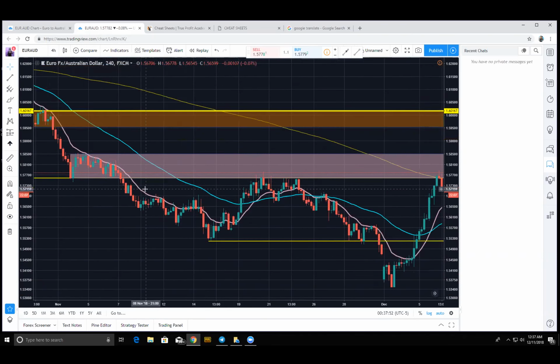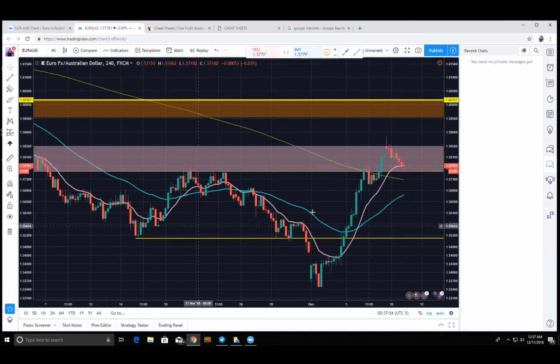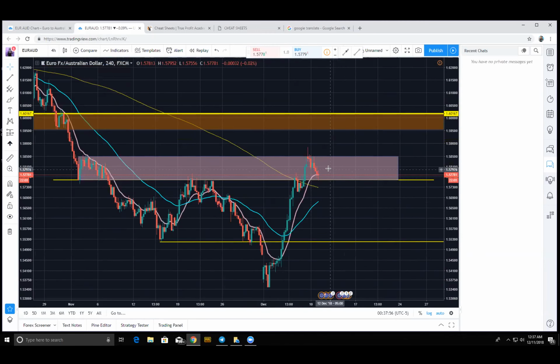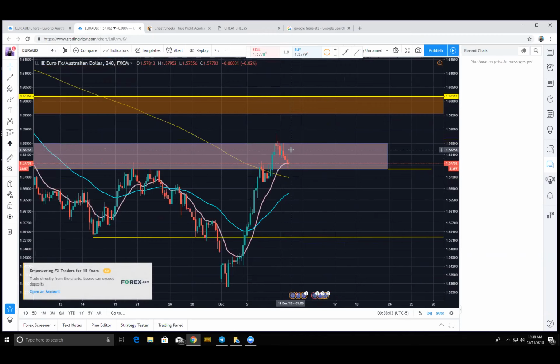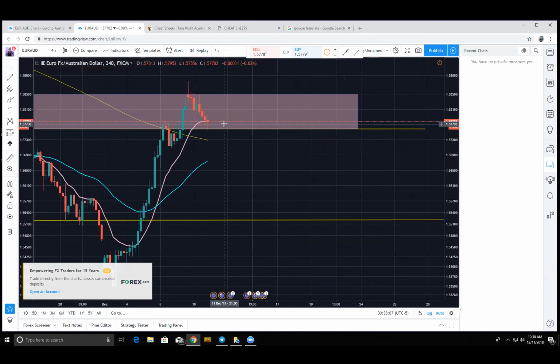And after that it made its way back down. So right now, my sell point was, let me see, where did I sell it at? 57.66, which is somewhere around here. And my stop loss is just right above this evening star.